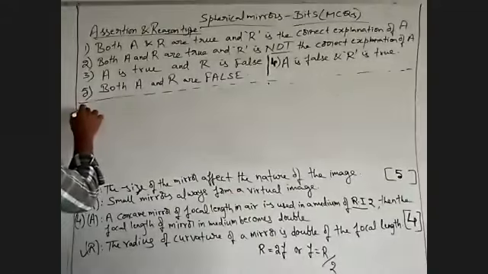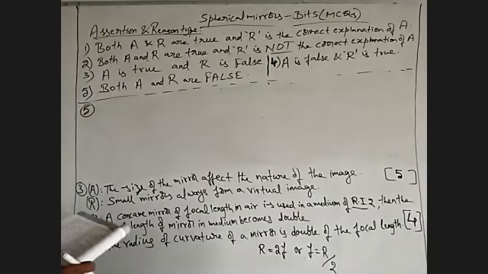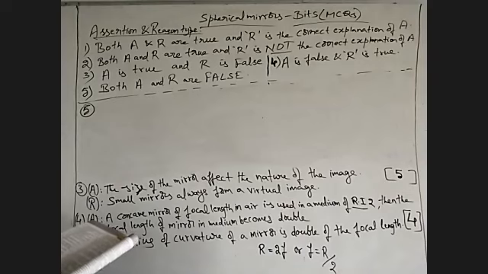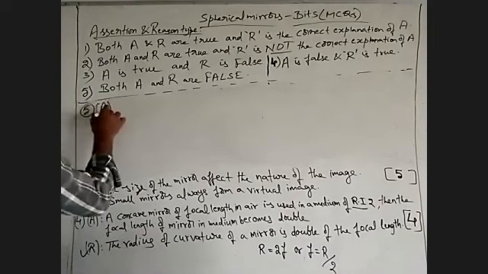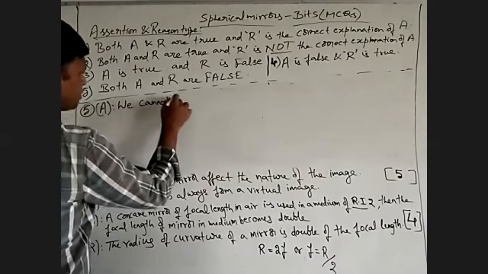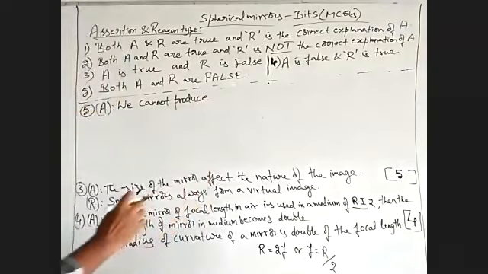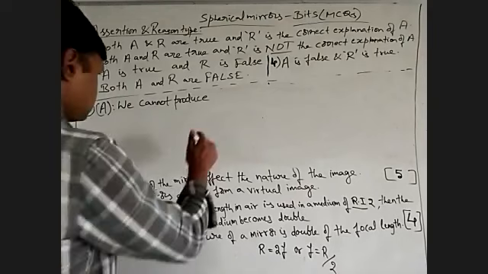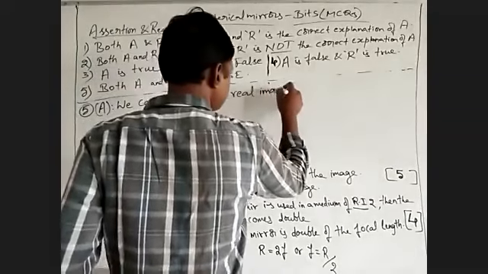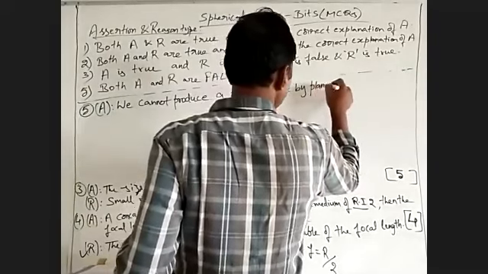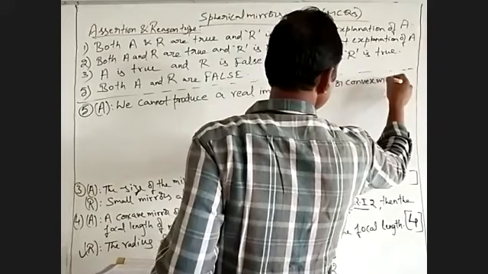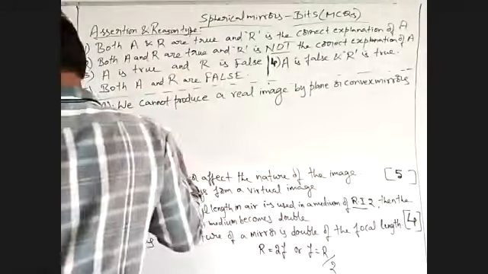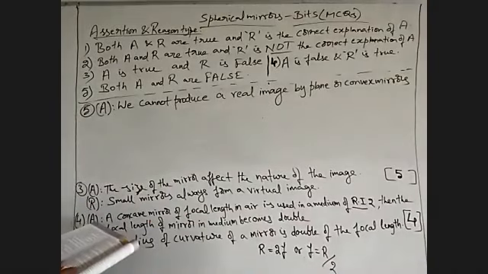Question number 5. Assertion: We cannot produce a real image by a plane or convex mirror under any circumstances.